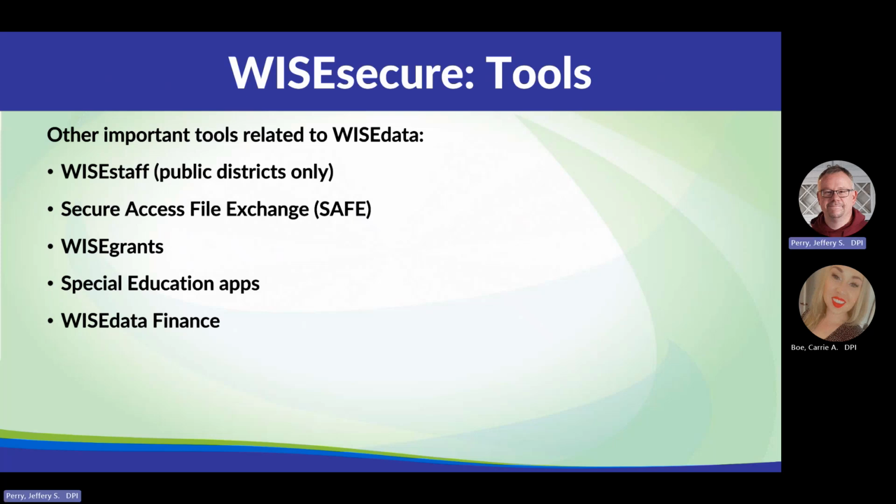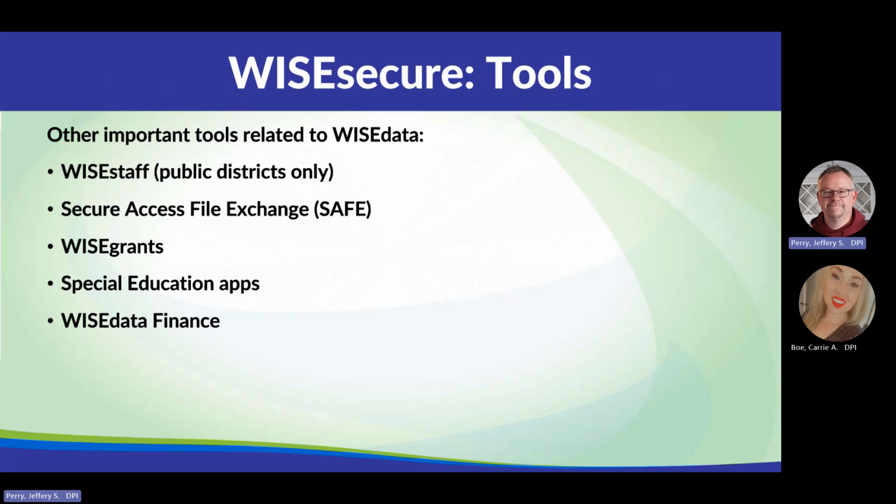There are some other tools that are related peripherally to WISE data, but not necessarily directly associated with the WISE data collection. WISE Staff, which is what public districts and some other agencies use to report their staff information. Choice schools don't do that.